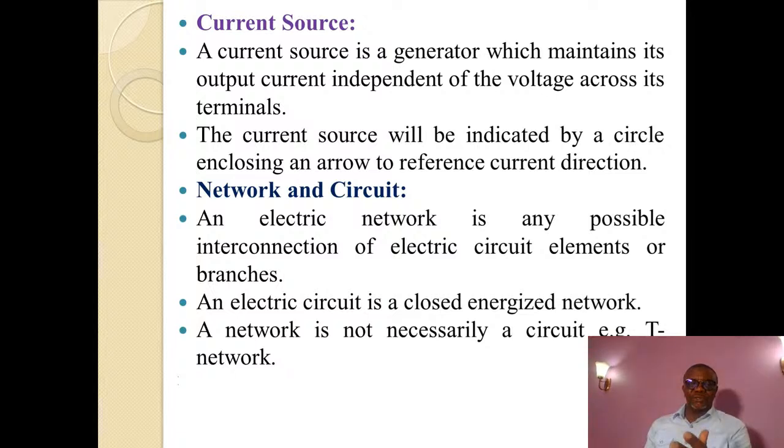So when we use electric network and electric circuit, they don't really mean the same thing. When we talk of electric circuit elements, we are talking of resistors, capacitors, inductors, those two terminal components. We say that an electric circuit is a closed energized network, while a network is not necessarily a circuit.